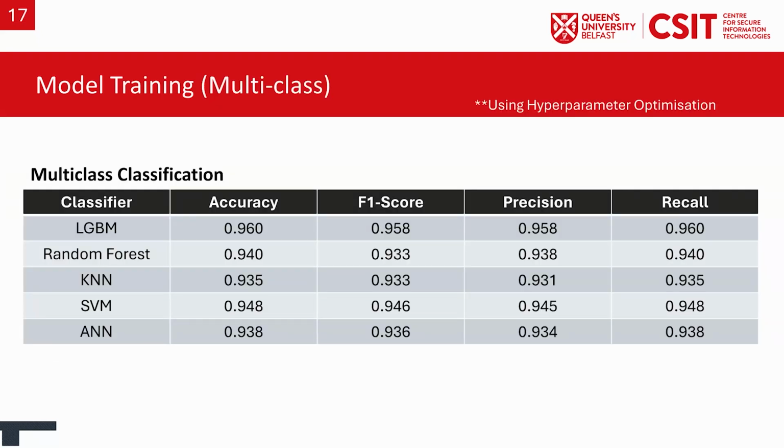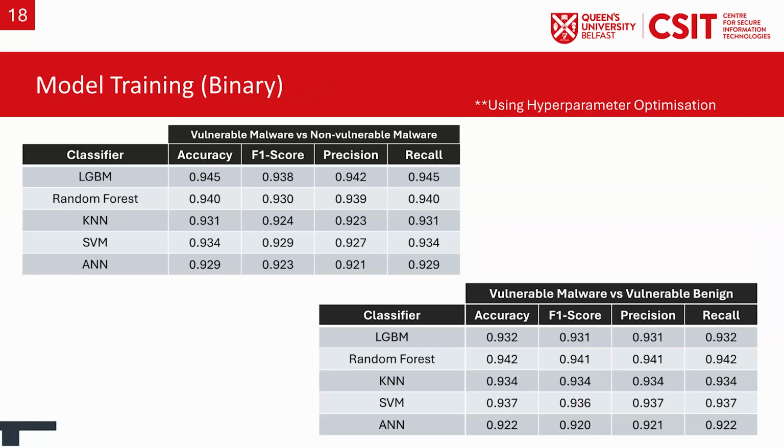And as you can see, the accuracies are quite high. For the LGBM model, we were achieving an accuracy of 0.96, and then the other models following closely behind. As well as that, within the binary classification, still obtaining results above 0.9, which we thought was very good.